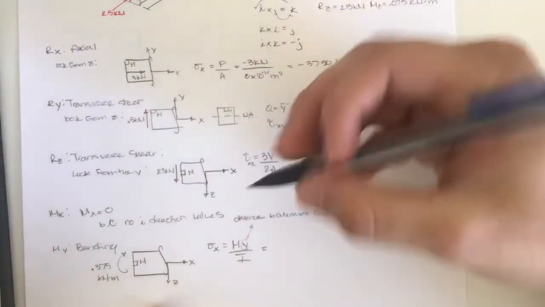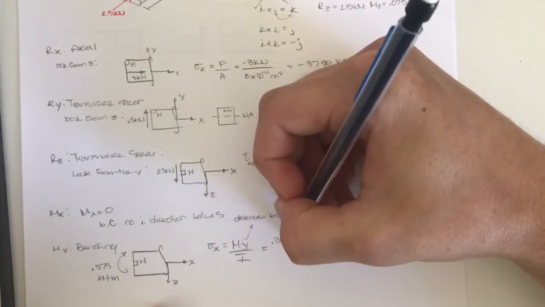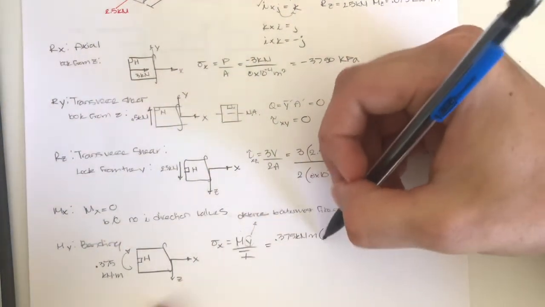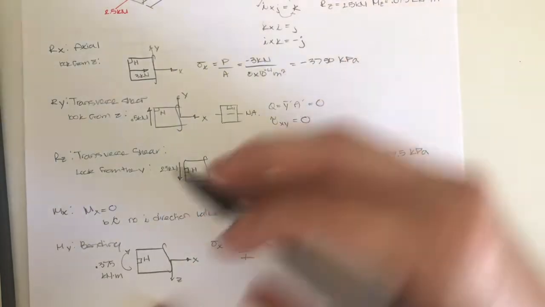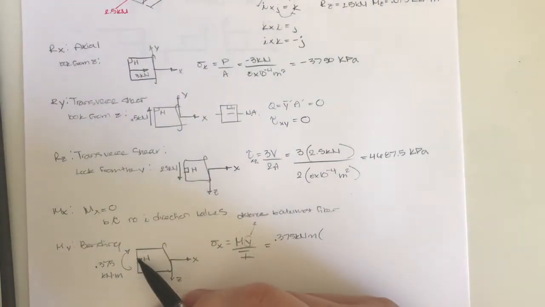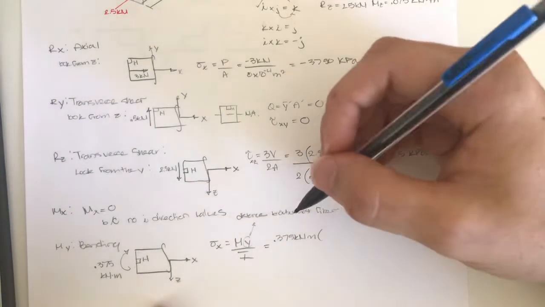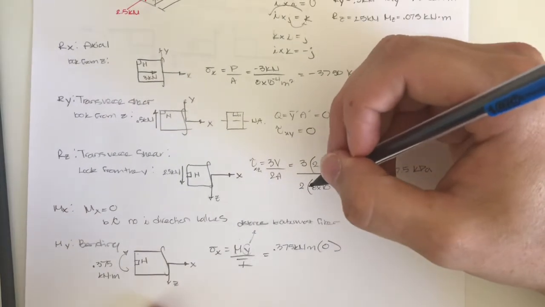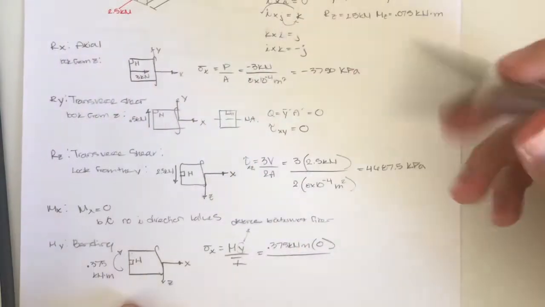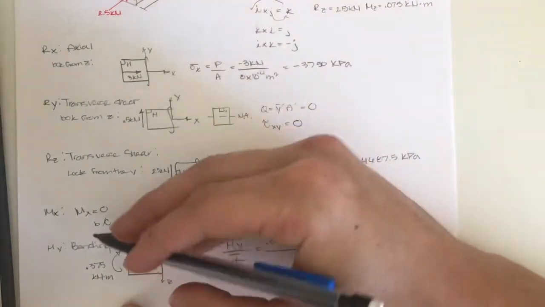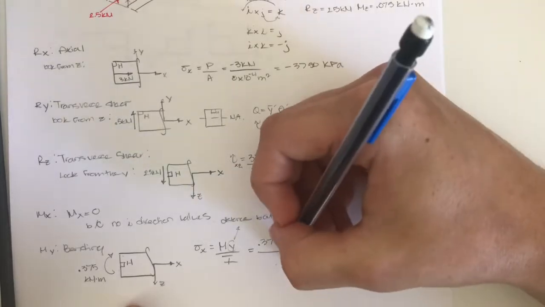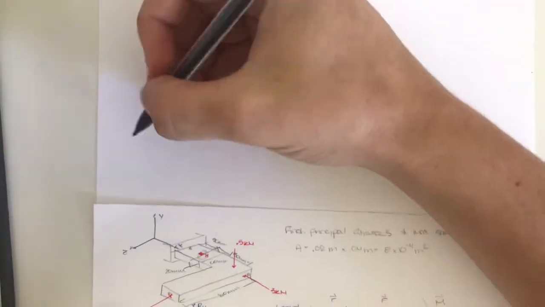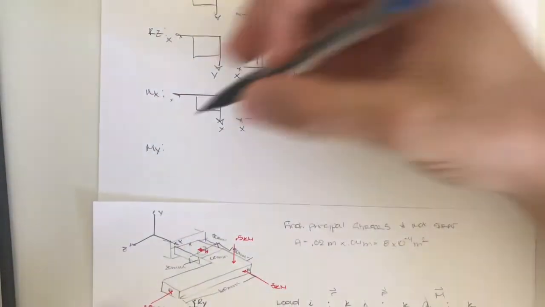So in this case, there would be a 0.375 kilonewton meter moment here. However, the distance to the outermost fiber would be 0 at this point. So we are going to observe that the moment in the y bending stress is equal to 0. So let's draw this out here with the moment in the y.